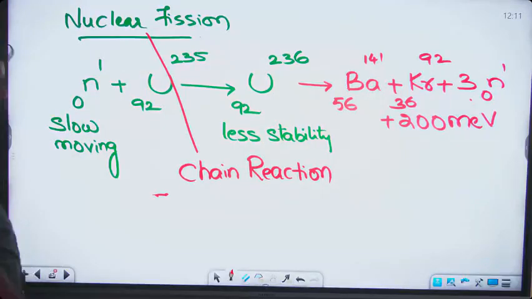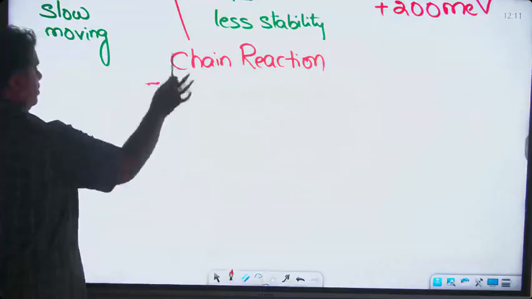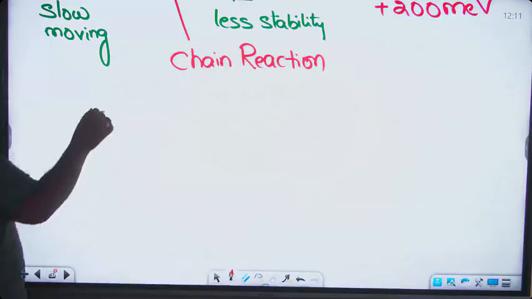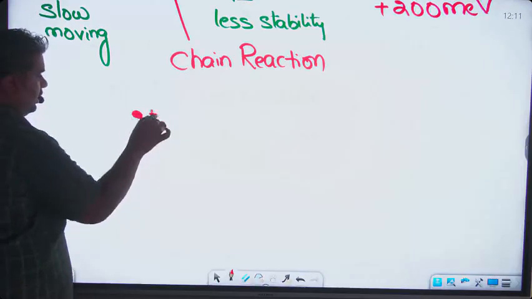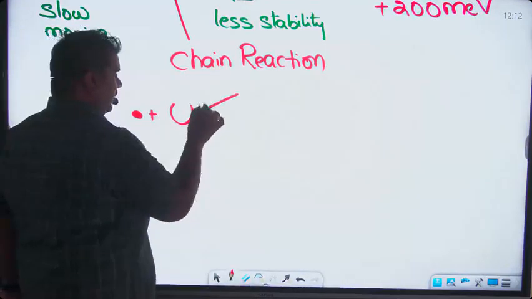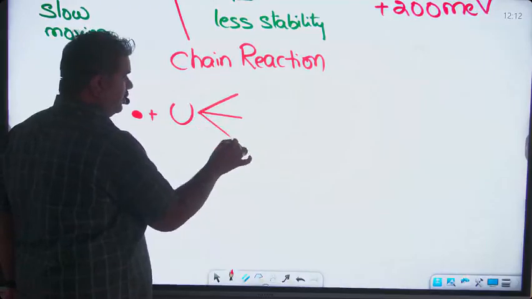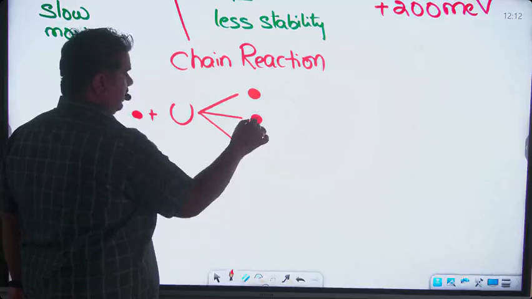Now why is it a continuous process? For example, first you are talking about the case of one neutron. When one neutron collides with a uranium, you are having barium along with krypton, and along with them how many neutrons? 3 neutrons are released here.